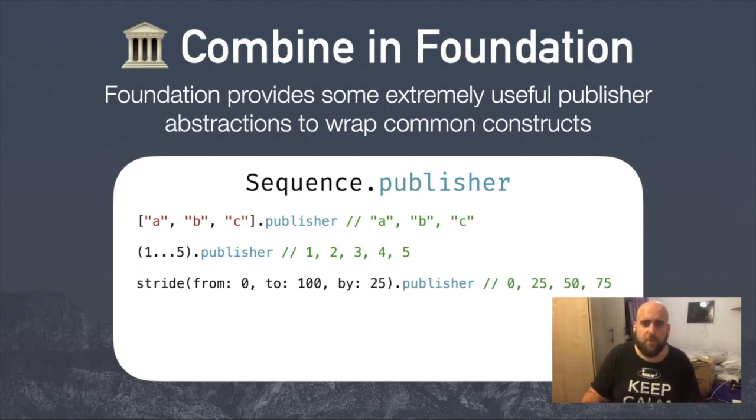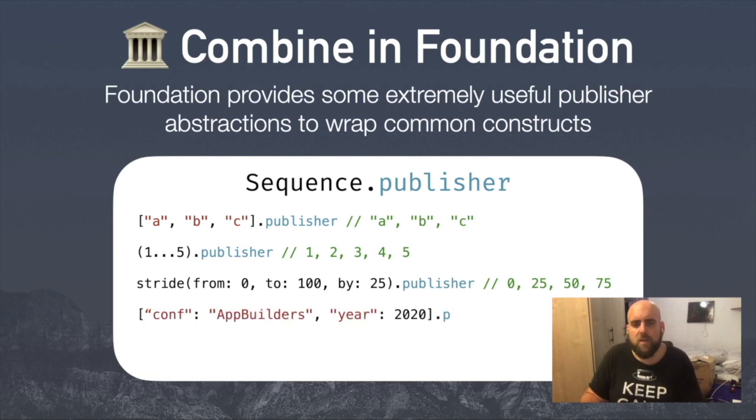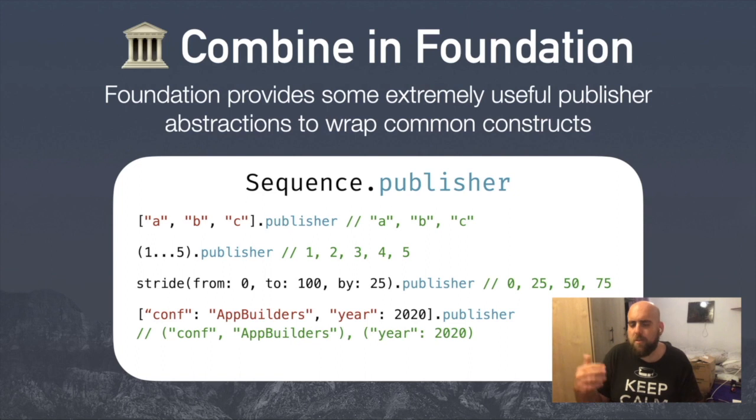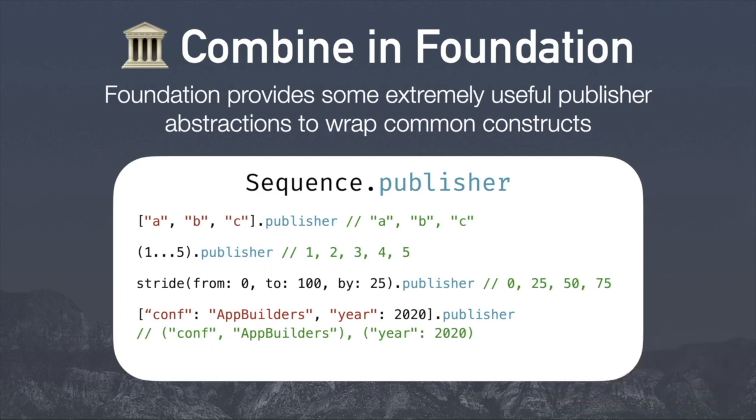And that's quite useful for many use cases. You can even use it on a dictionary. In this case, it's conf app builders year 2020. In this case, it's just going to emit tuples, regular dictionary items, basically. They're not individual.